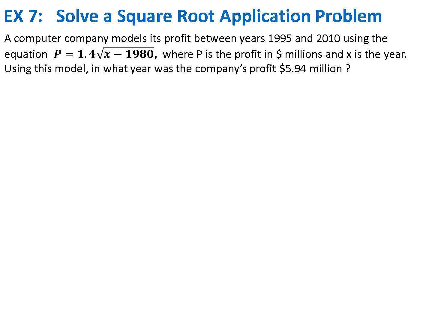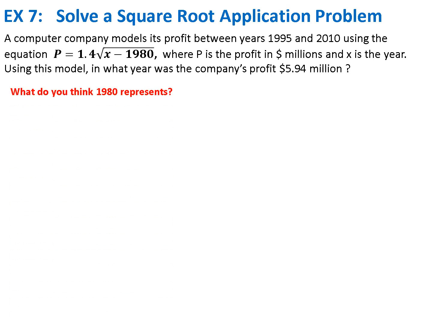All right, last example. Let's look at example 7. A computer company models its profit between the years 1995 and 2010 using the equation P equals 1.4 times the square root of x minus 1980, where P is the profit in millions and x is the year. Using this model, in what year was the company's profit 5.94 million?